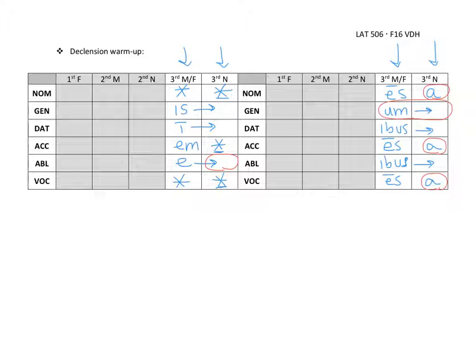This will make sense in just a second. But these are the most important forms to remember: that the neuter has an E in the ablative singular, that both of them have UM in the genitive plural, and that in the nominative, accusative, and vocative, the neuter just has an A.